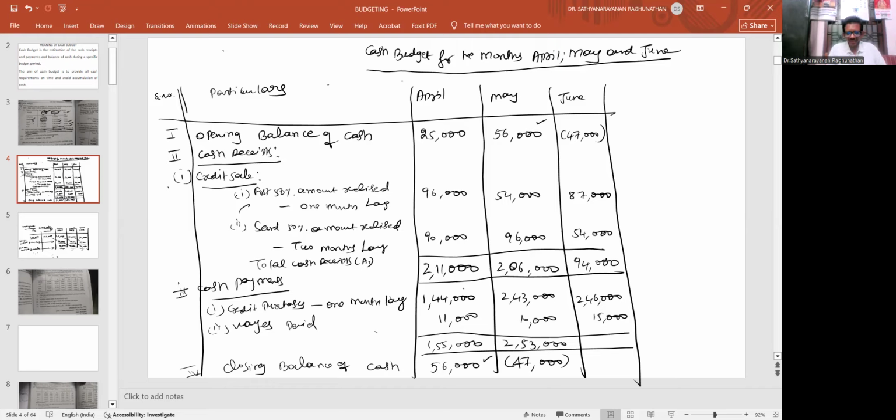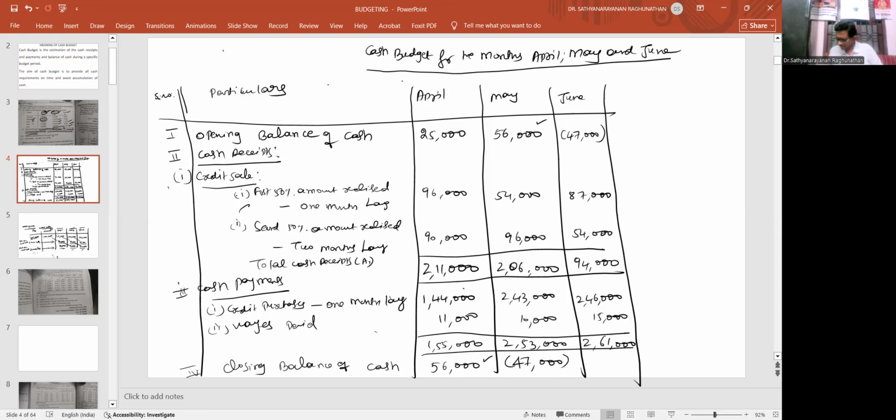And then cash payment 2,46,000 plus 15,000, that is 2,61,000. Here also you see cash receipts is only 94,000, whereas cash payment is 2,61,000.